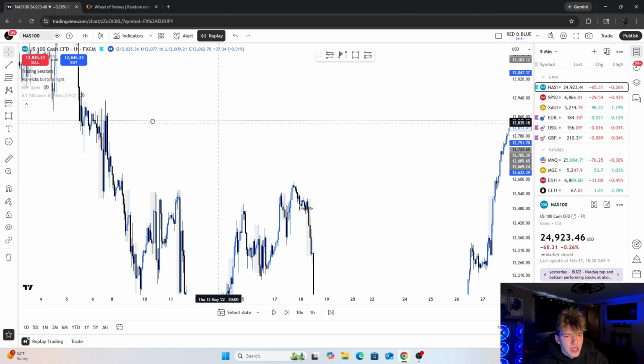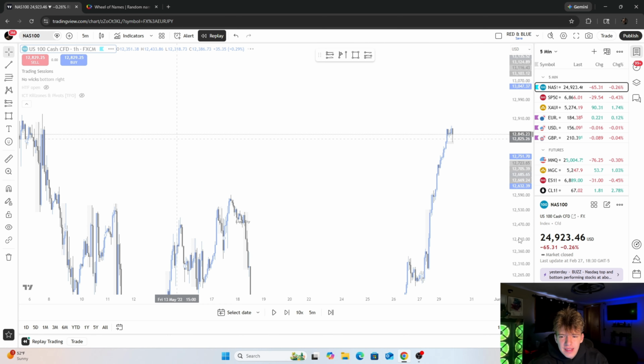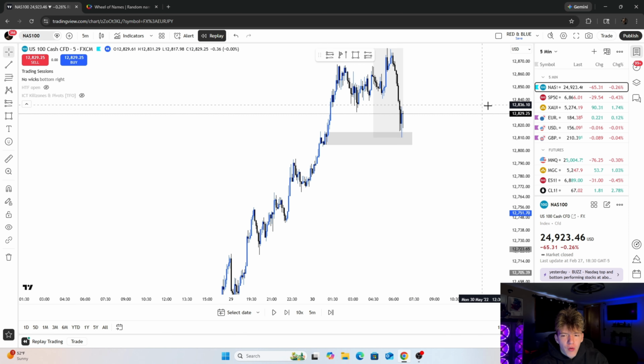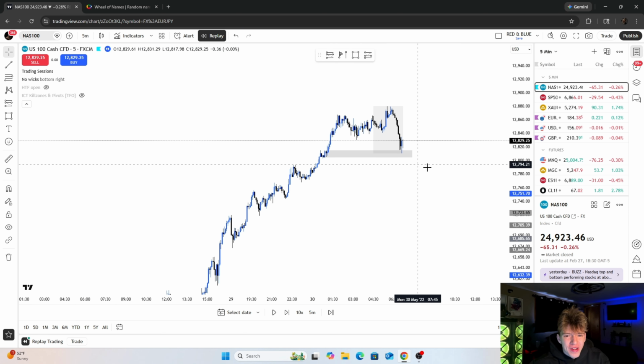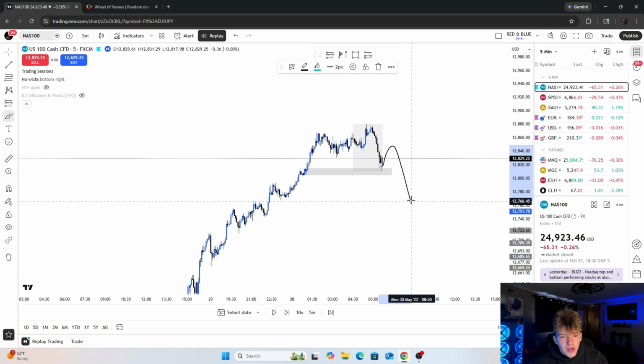Purely off of how overextended this leg is and how far the liquidity is, my guess is we're going to see price come up internally and continue down, right? It could just straight up go down. But if we're going to see anything, we're going to see an internal move up and then a continuation down.